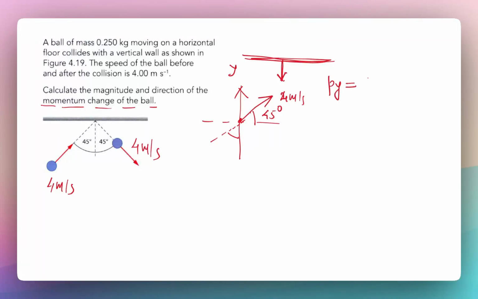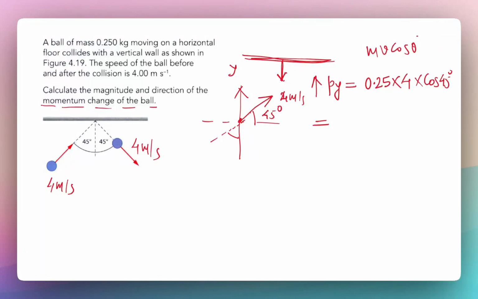It is going to be m, which is 0.25, times 4, times the component, cos 45. So mv cos theta. In this direction the momentum is upwards, so we take the upward direction as positive.